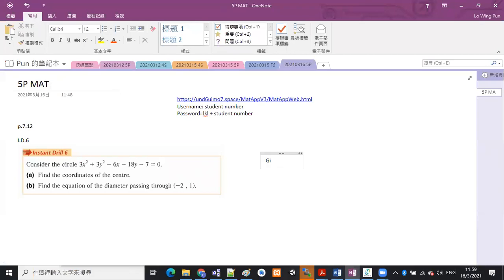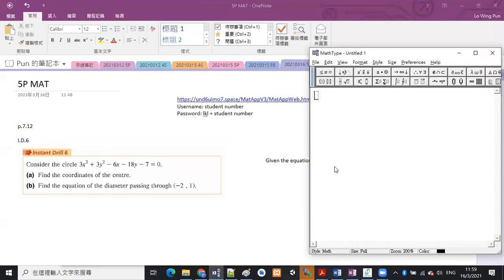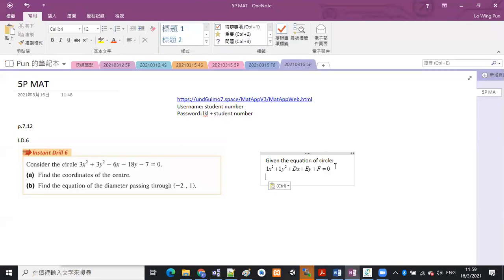If the equation of a circle is given in this form, 1x squared plus 1y squared plus dx plus ey plus f is equal to 0, then we can find the coordinates of the center and the length of the radius.